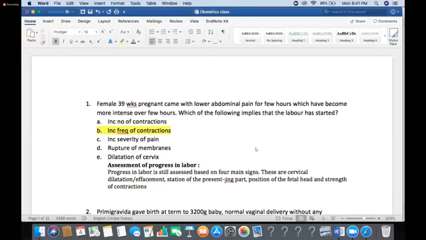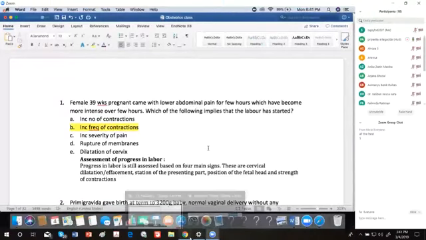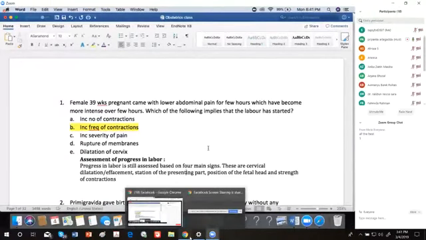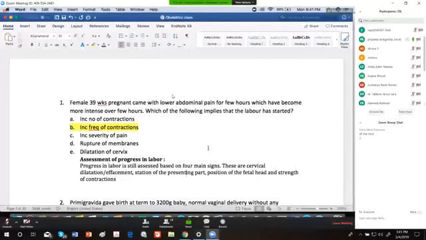So the question is about the labor started, so you should always use the frequency of contractions. Labor is always because of the uterine contractions. It's not about the breakage of the amniotic sac. Like in premature rupture of membranes, the rupture has happened. So when the rupture happens, there is fetal fibronectin released, but which will not indicate that the labor is happening.